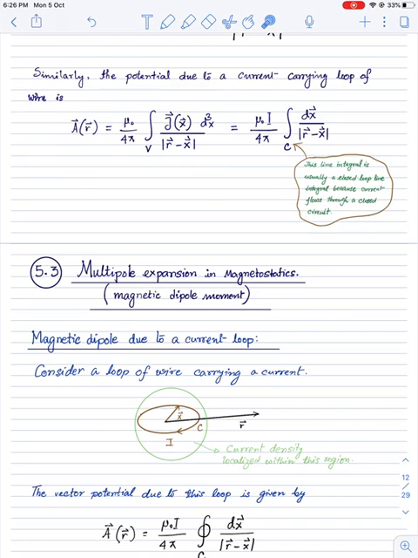But very good. The realistic scenarios which represent magnetostatics are those where we have current flowing through wires, and in that case we can realistically forget about the electric field.